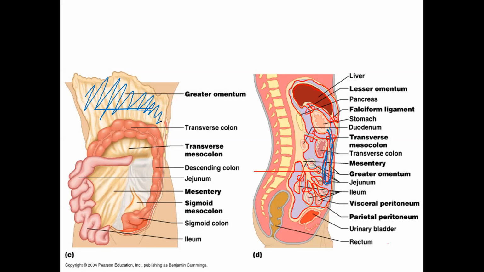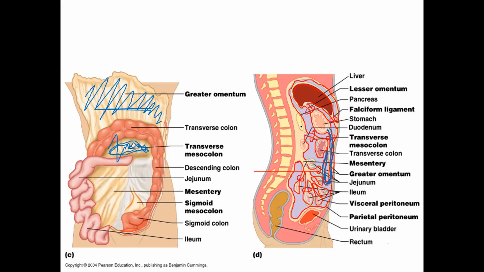All right, so this apron structure is made by two layers of serous membrane, and once they get to the transverse colon, these two layers separate to cover the transverse colon, and then they go together again over here and connect to the posterior wall.